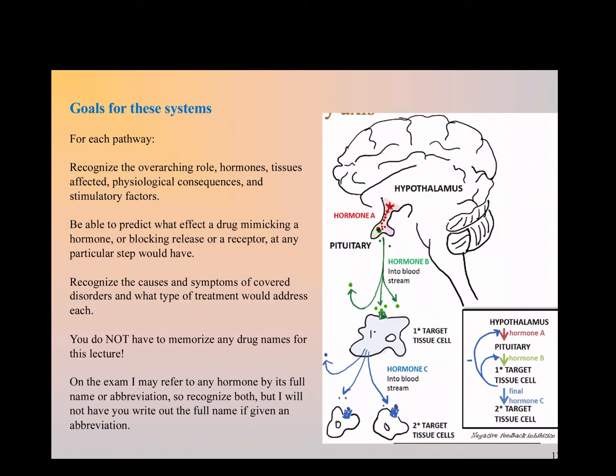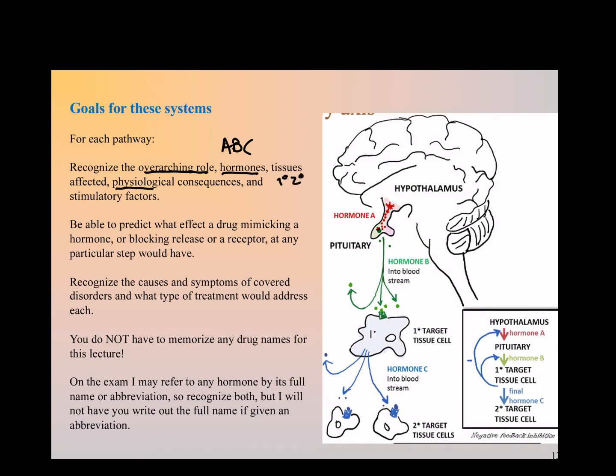So what we want to do, we're going to go through each of these pathways, and what I want you to think about for each pathway are these main ideas. What is the overarching role? So if we're talking about growth hormone or thyroid hormone, what is that hormone really doing in the body? What's the main thing? You're going to learn the hormones A, B, and C. You want to know your primary and secondary target tissues.